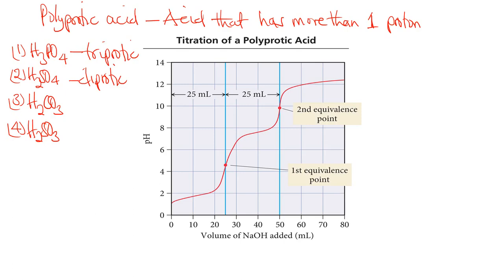So how do you know that your graph is polyprotic? So how do we know this?